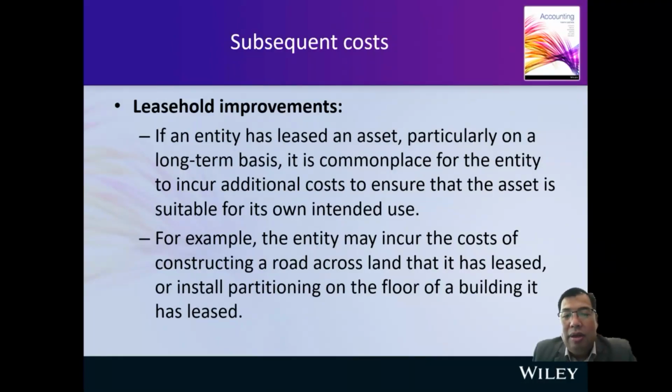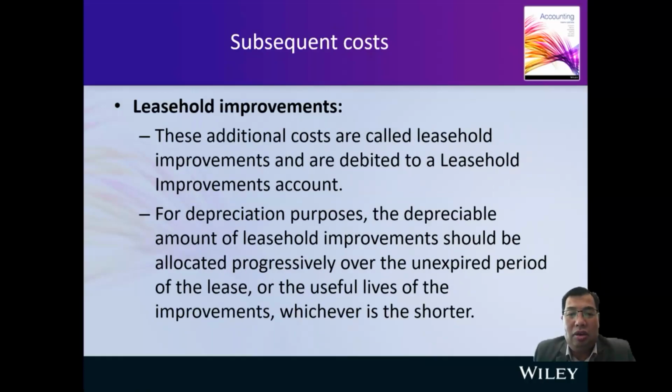For example, the entity may incur the cost of constructing a road across land that it has leased or install partitioning on the wall of a building it has leased. This is what we call lease improvement. It will be included as the cost of assets. These additional costs are called leasehold improvement, so we debit the leasehold improvement account.